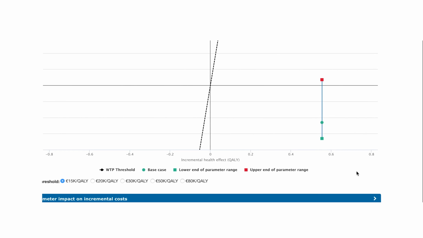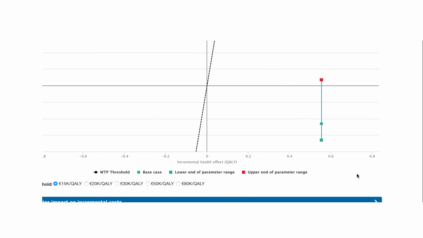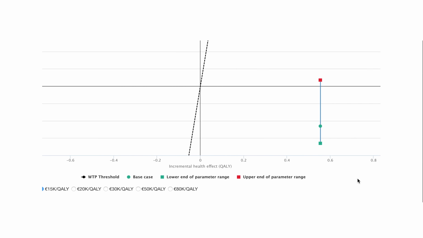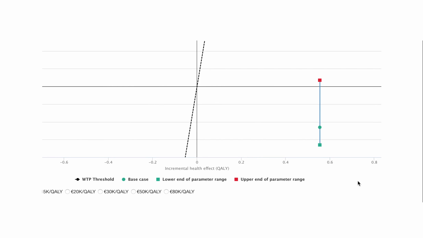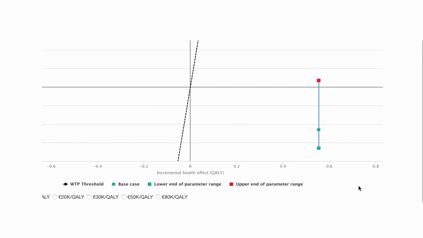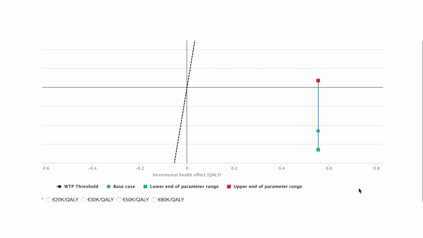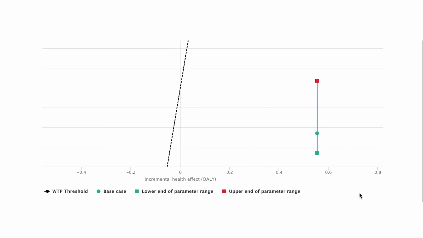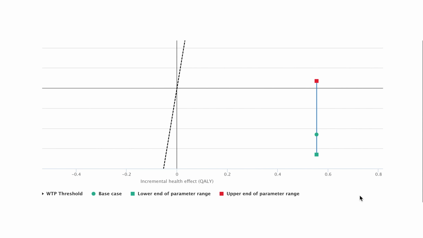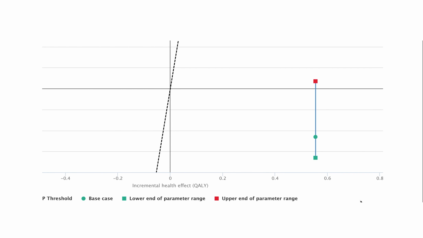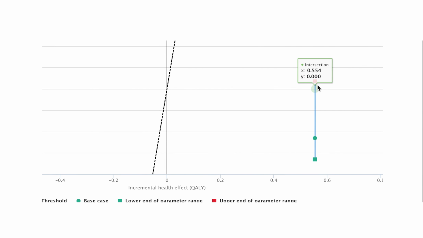In this graph, it can be seen that all values, upper estimate, base case, and lower estimate, correspond to an ICER located below the WTP threshold plot, which means that with an assumed incidence rate 20% higher than current available numbers, this is the upper estimate that was used in the previous step, the intervention would still be considered accepted.